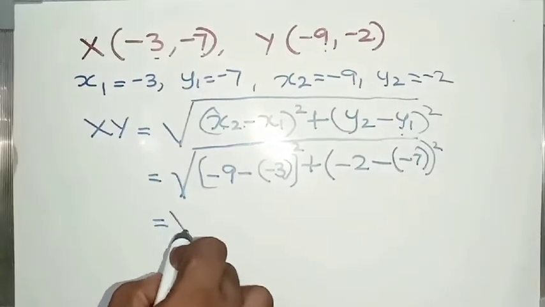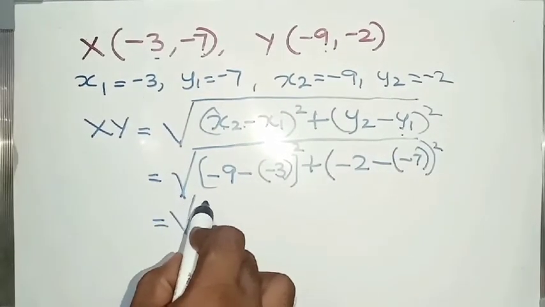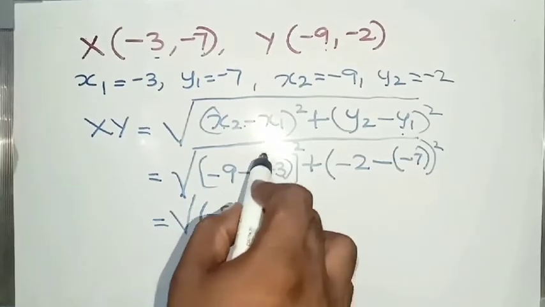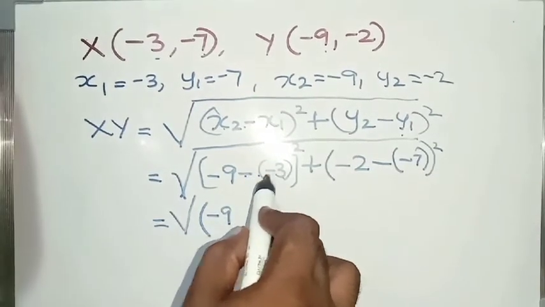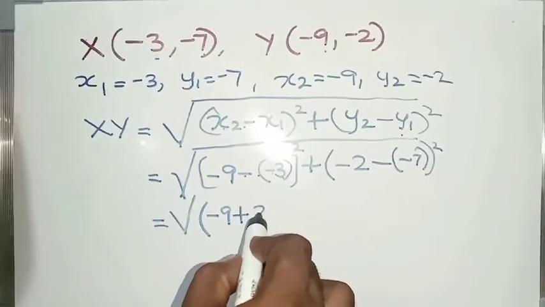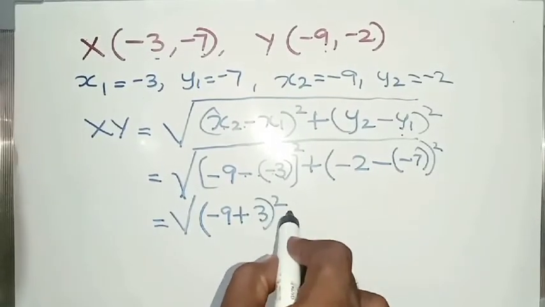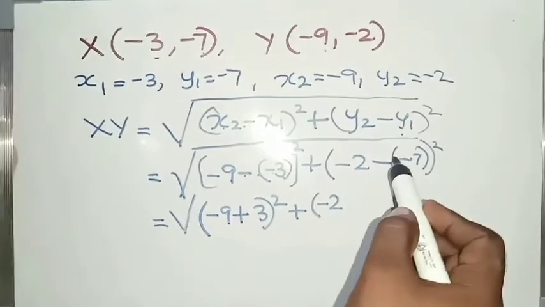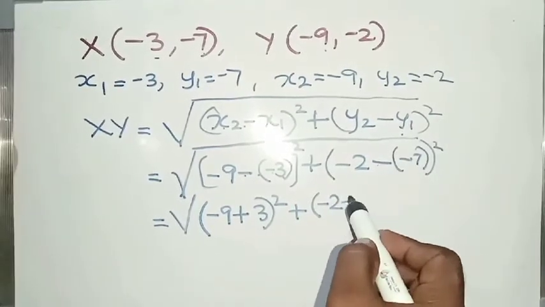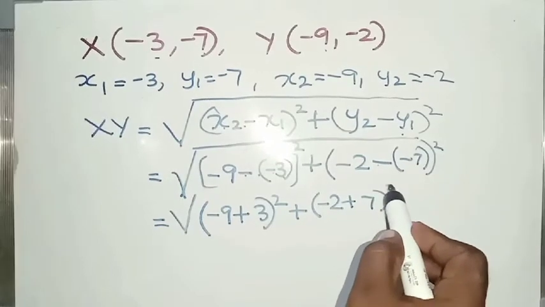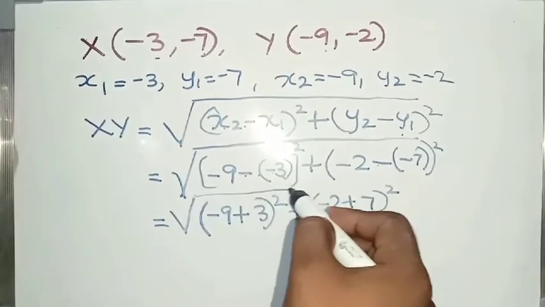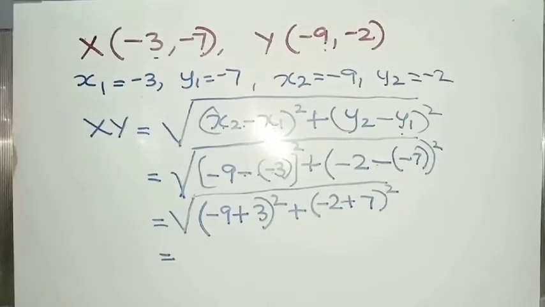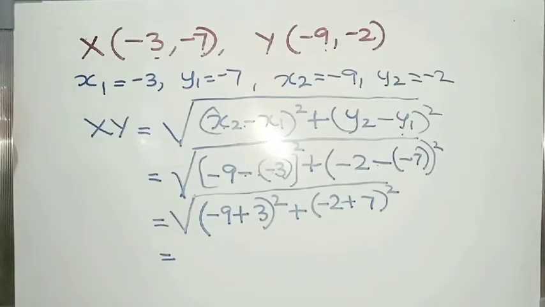Which is equal to under the root minus 9 minus into minus is plus 3, the whole square, plus minus 2 minus into minus plus 7, the whole square. Now let's find the answer.